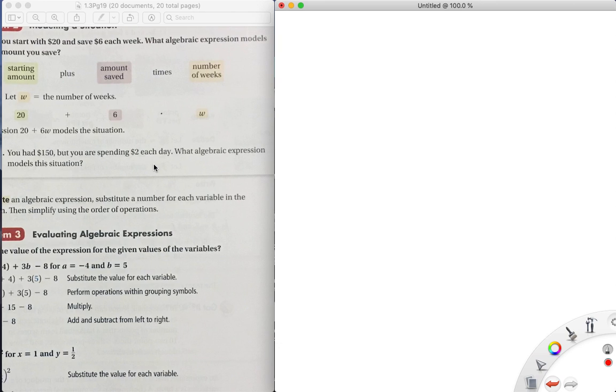So, what do I have? I have $150. I'm told that I'm spending. So if I'm thinking of looking at the word spending, I think of subtraction because it's being taken away.